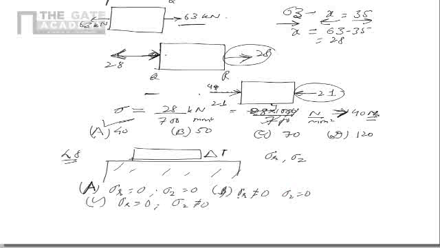And option D is sigma r not equal to 0 and sigma z not equal to 0. So these are the four options. Obviously, because there is no constraint, there cannot be any stress. So option A is right, which means that there is no stress either in the radial direction or in the longitudinal direction.